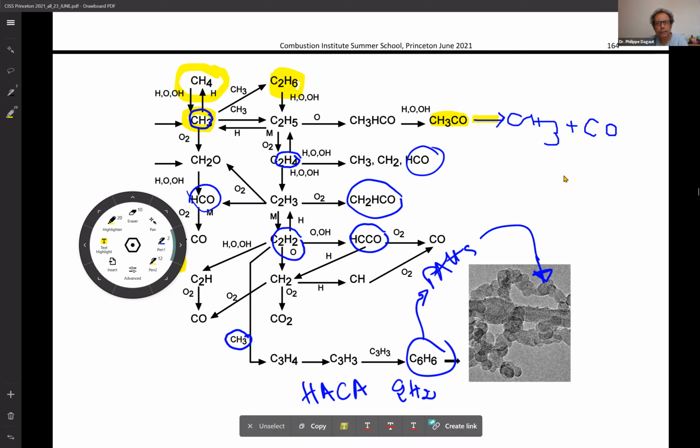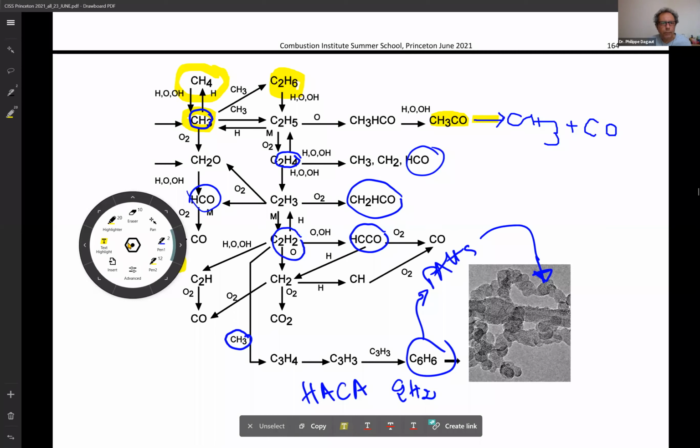And this is what we observe here with methane. So this picture is the transition to the next part of this presentation, which will concern the formation of pollutants.